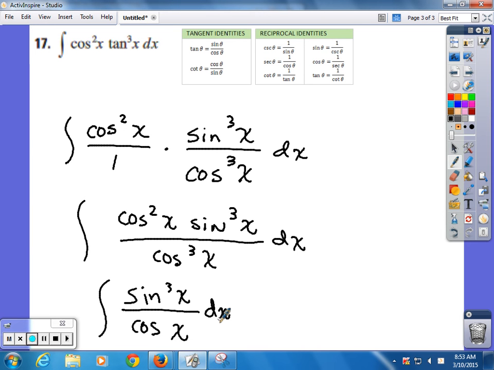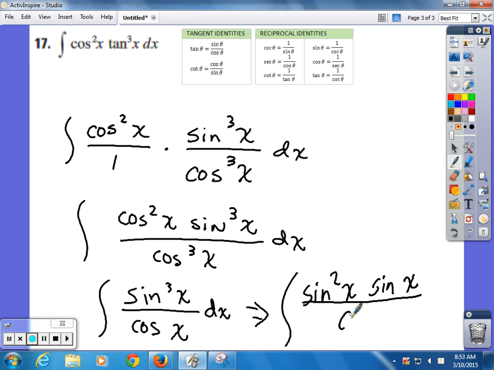So this is going to give you the antiderivative of sine squared of x times sine of x over cosine of x dx. And sine squared of x is 1 minus the cosine squared of x.